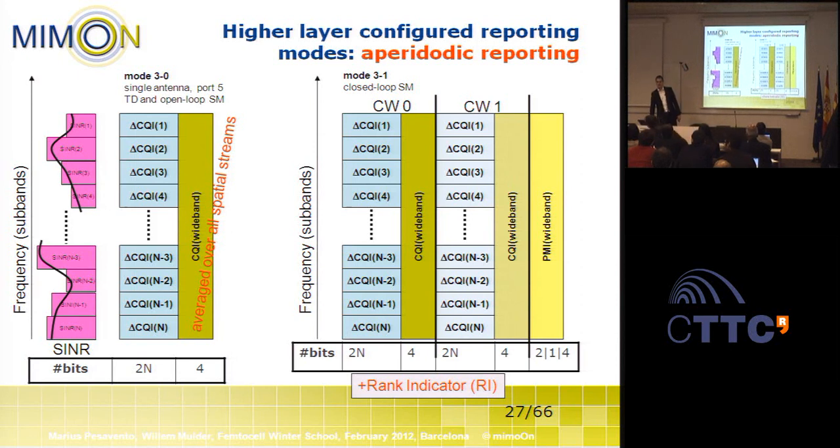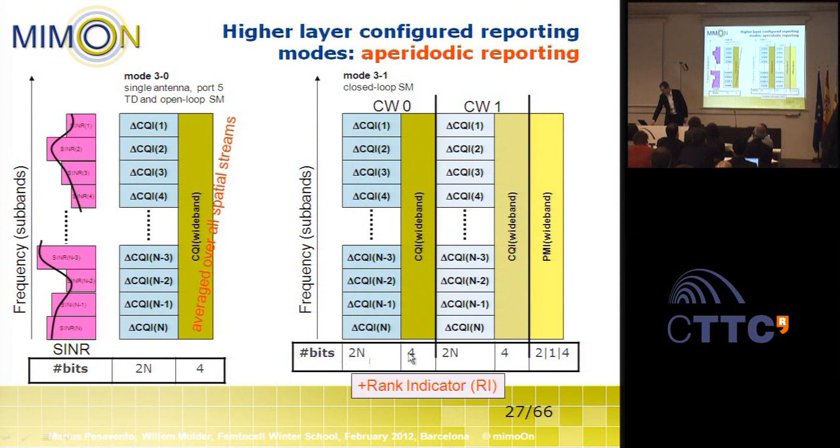So there's another scheme for closed-loop spatial multiplexing, as illustrated here. We now have 2 code words, and these 2 code words can, of course, be further split into 2 layers. So reports are always per code word, even though it may include 2 layers. For these 2 layers, differential subband reports are also generated along with the wideband reports.